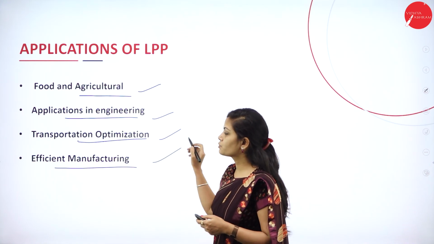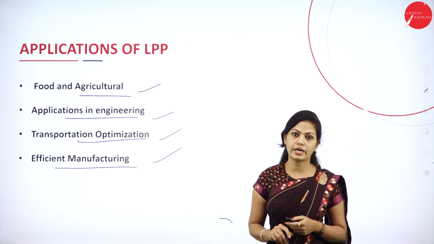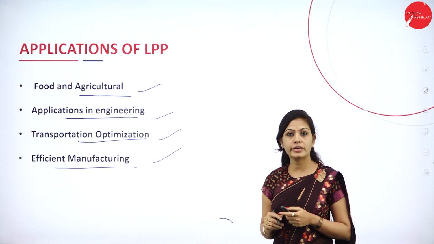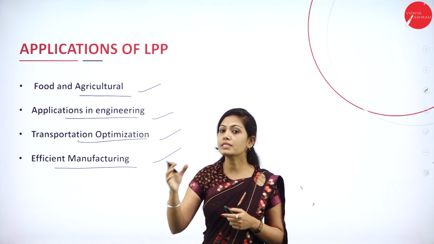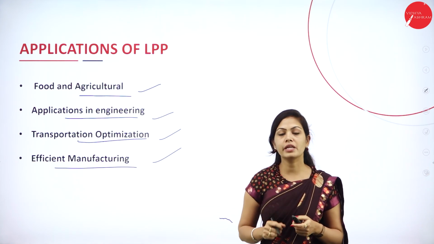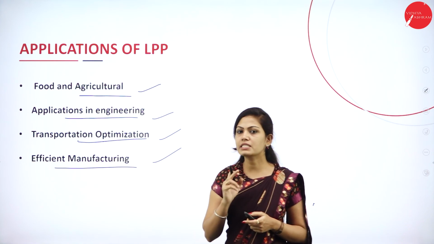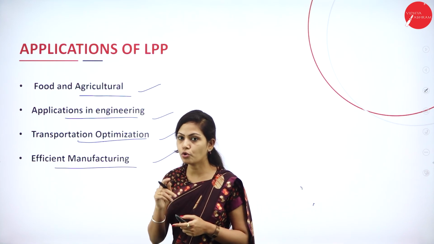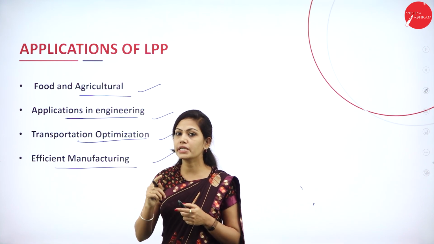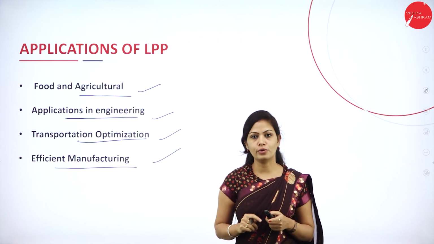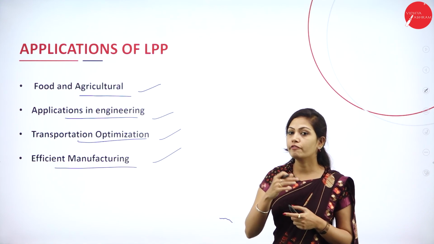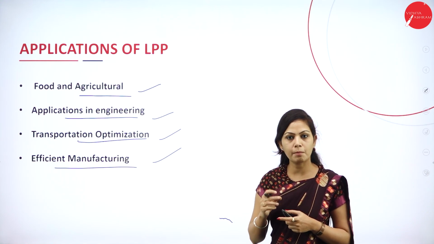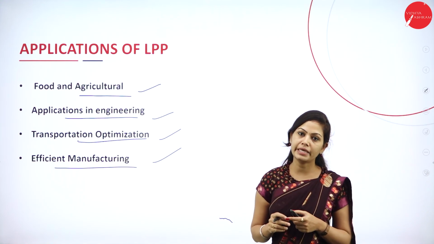And the last one is efficient manufacturing. Manufacturing requires transforming raw materials into products that maximize company revenue. Each step of the manufacturing process must work efficiently to reach the goal. For example, raw materials must pass through various machines for set amounts of time in an assembly line.